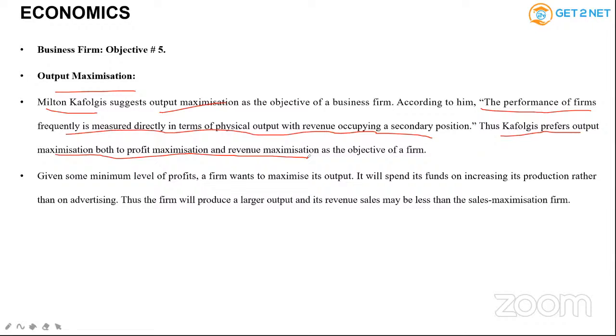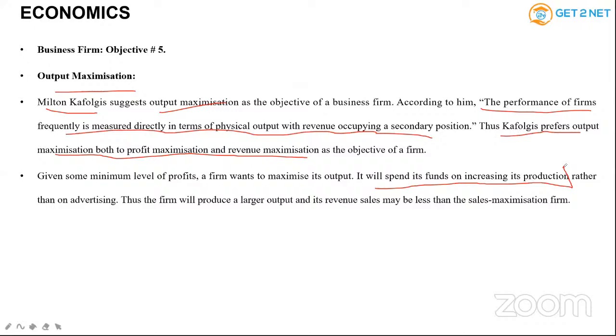So ma'am, अगर एक फर्म को बोला जाएगा, हाँ बोलो. Ma'am, what's the difference between output and sales maximization, ma'am? Okay, sales में output में it's related to production. When we are focusing on output, okay, we are focusing on production only. Sales में क्या होता है, how it will come to sales?